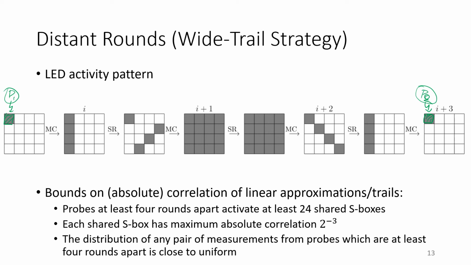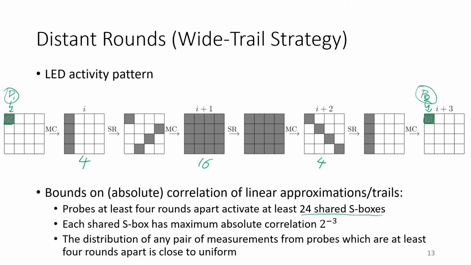They do not follow a uniform distribution. In fact, that information might give information about a secret value. However, notice that this trail has passed a total of 24 shared S-boxes. So here, for example, it has passed 4 S-boxes, here another 16, and here another 4.